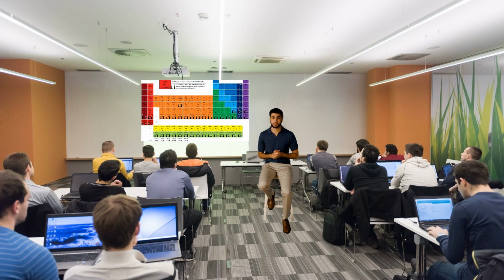An element is a substance that cannot be broken down into simpler substances by chemical means. Each element consists of atoms that all have the same number of protons in their nuclei. This number of protons is called the atomic number.